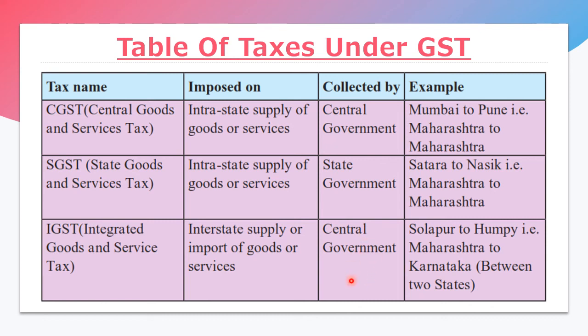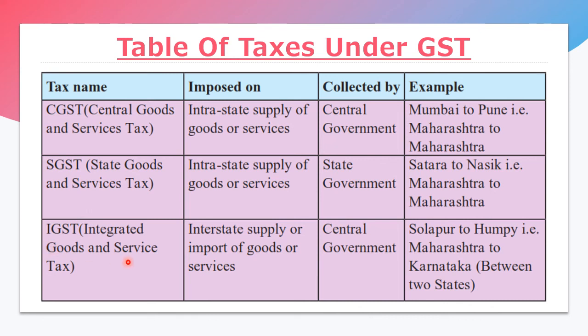सेंट्रल गवर्नमेंट. Okay, so the CGST and SGST ये दो टैक्सेस है जो सेंट्रल और स्टेट है और ये विद इन द स्टेट चलते हैं. मीन्स इट इज विद इन द स्टेट. स्टेट के अंदर ही अगर हमको गुड्स और सर्विसेज को सप्लाई करना है तो हम लोग CGST या फिर SGST टैक्स होता है. और CGST टैक्स this will be collected by central government and SGST tax will be collected by state government.